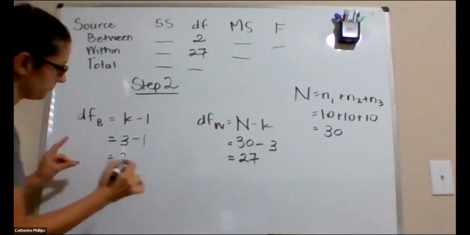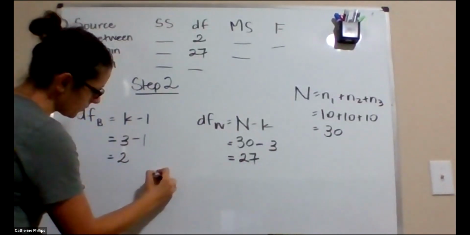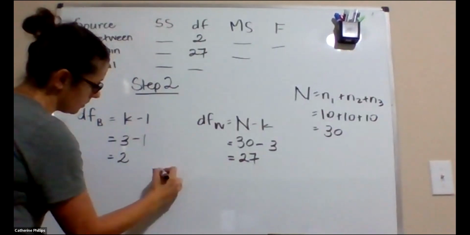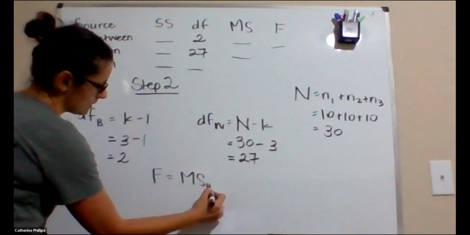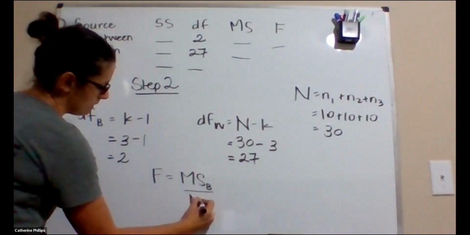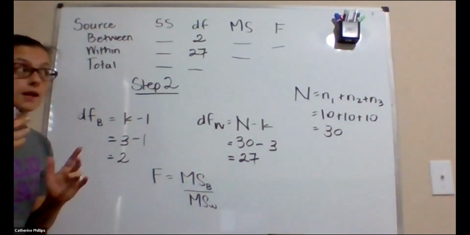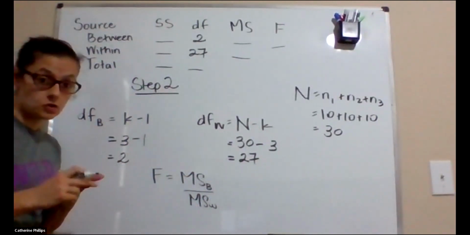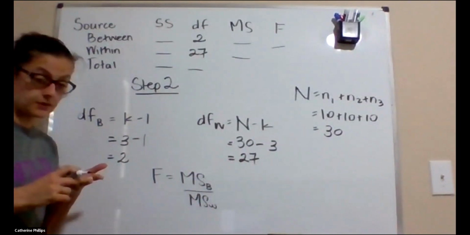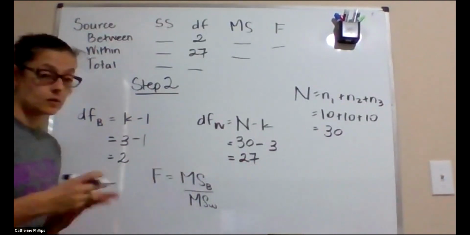What we need is our critical value. To find the critical value, we're going to need to know the F statistic. The F statistic is mean square between divided by mean square within. And what we need are the degrees of freedom of the numerator and degrees of freedom of the denominator. The numerator is mean square between.